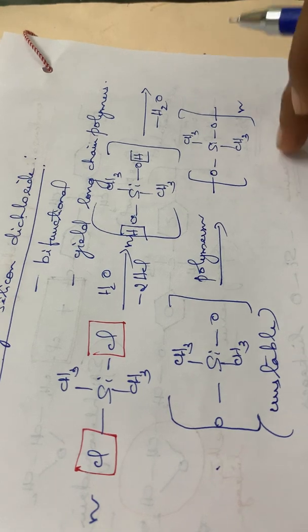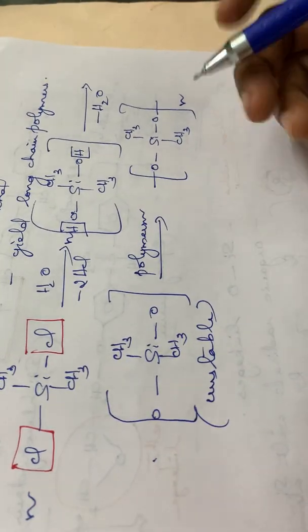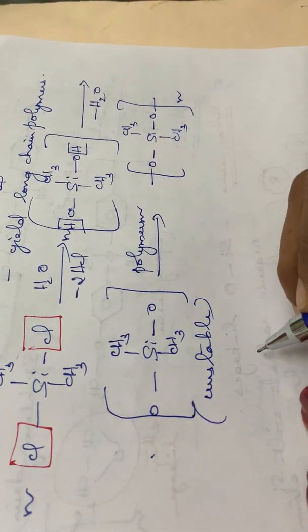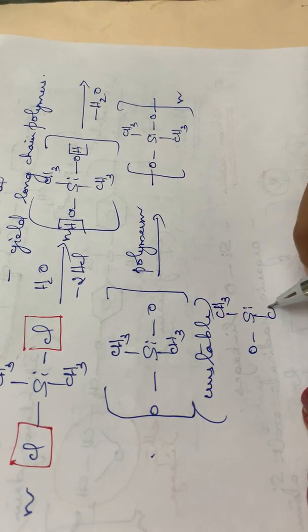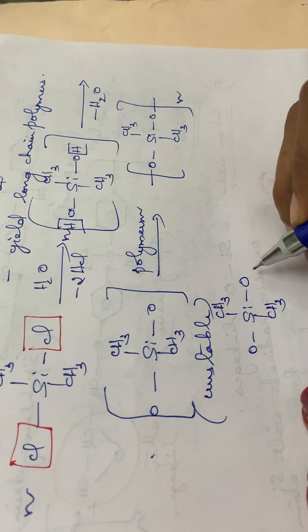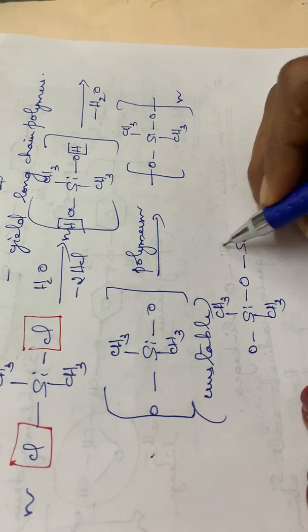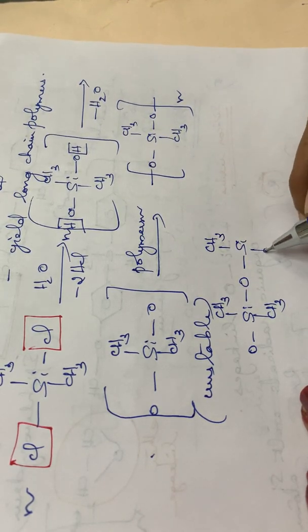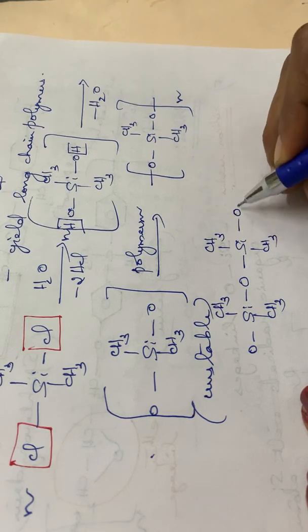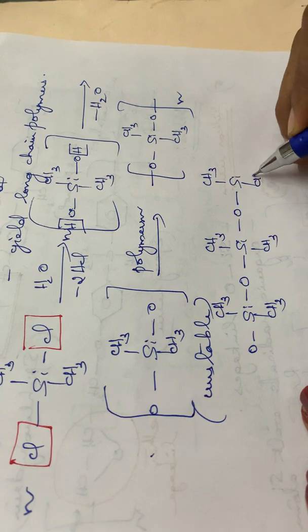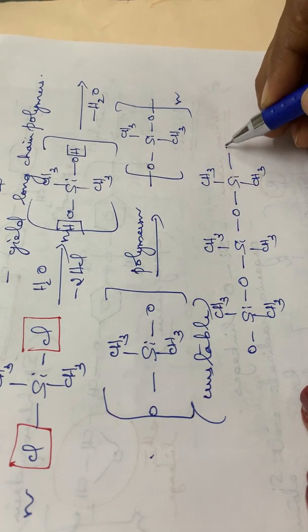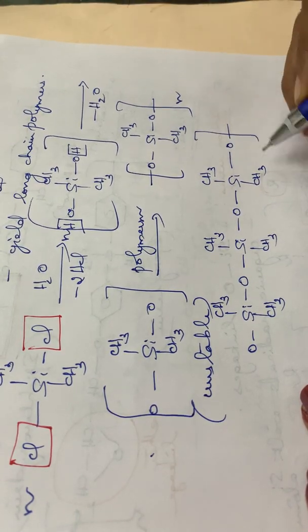We can expand this particular polymer and write it as O, Si, CH3, then again O, Si, CH3, then O, Si, CH3, O. Like this it will be extending.